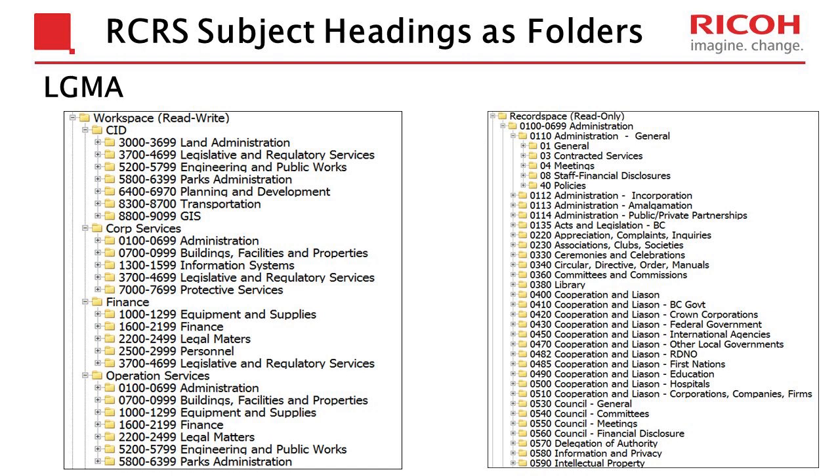So departments, basically. In this example, let's say corporate services is using these records series, or these sections, in the course of their daily business. When they're doing their daily business, the records that they're handling would fall under administration, buildings, information systems, legislative services, and protective services.